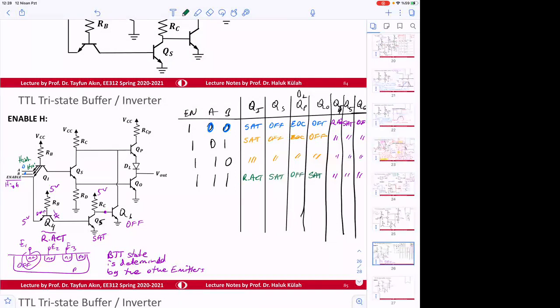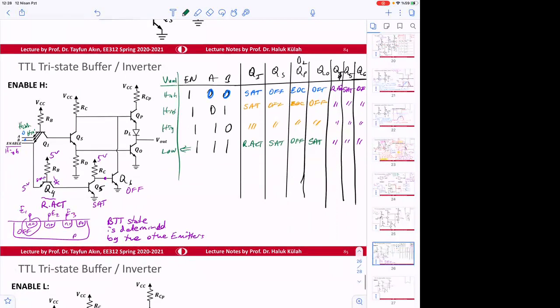So output is going to be low. Here, maybe I can write V out. V out is going to be low here. In other cases, they will be high.